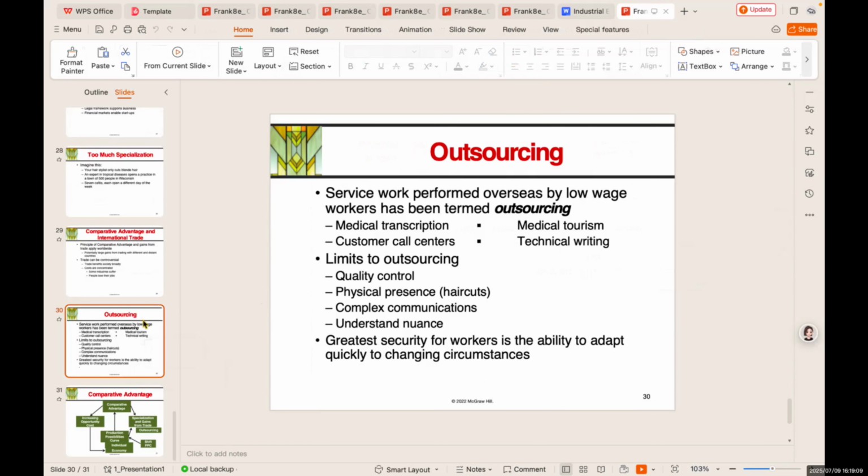The firm can hire low-wage workers overseas to minimize their cost. This kind of behavior is called outsourcing. Generally speaking, it means inputting some production factors overseas to minimize the cost. The production factors are, for example, the land, the capital, the labor, and time.